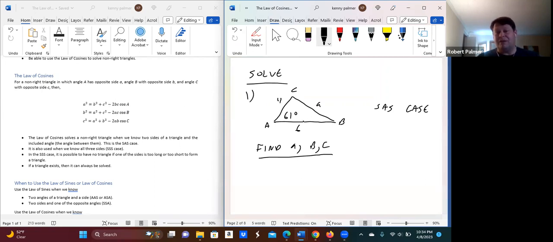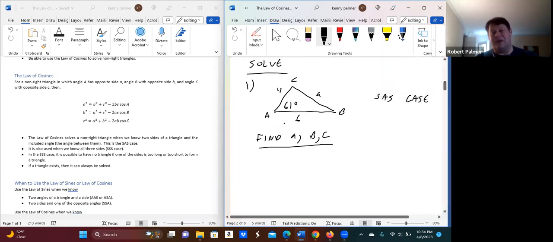Because to find either one of the two angles, B or C, if you look, for example, trying to find angle B, we need to solve this for the cosine of B. We don't have side A. Each one of those requires side A. So we have to start here and find side A. Then we can use the law of sines or law of cosines to find one of the other two angles. So first off, let's find A.